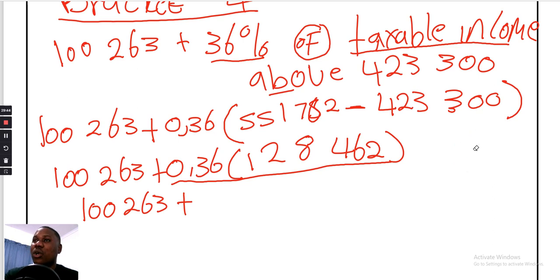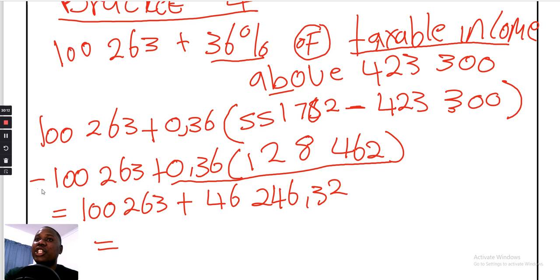Okay, so that is going to be 0.36 multiplied by 128,462, and then I get 46,246.32. Now, do we still need to rewrite the 100,263?